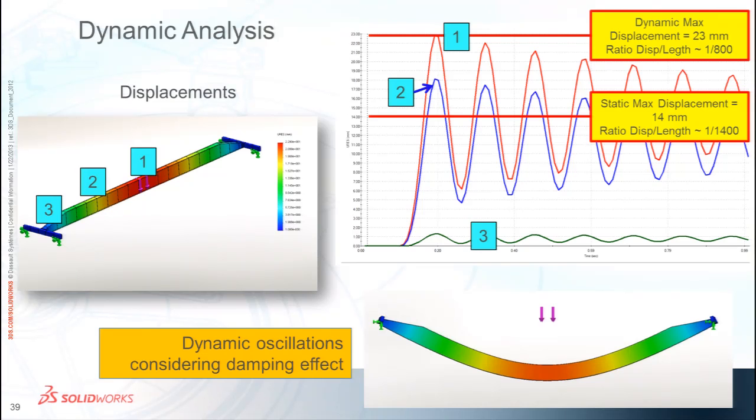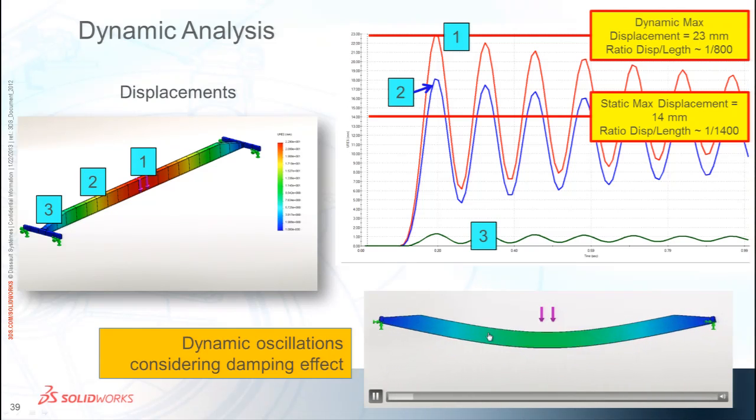More or less, for this kind of product, 1/1000 is okay. But when we run a dynamics analysis, we got 1/800. It is not a failure, but it got our attention because the bridge crane may get stuck, right?